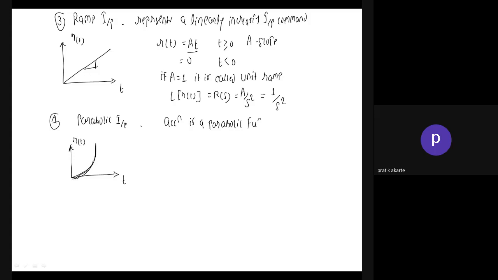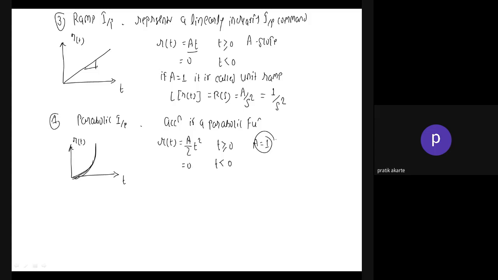So this is your parabolic function. It is represented as r of t is equal to A by 2 t square for t greater than or equal to 0, and for t less than 0, it is 0. Again, if this A is equal to 1, it is called a unit parabola.